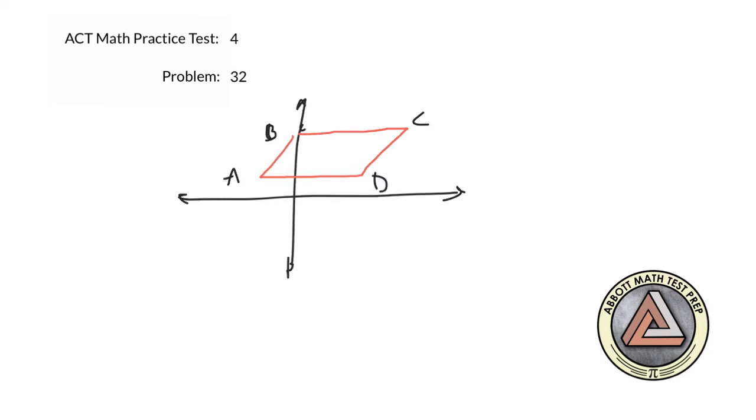Now, the problem asks: parallelogram ABCD will be reflected over the y-axis. What will be the coordinates of the image of A? Where it is now is called the pre-image. Where it ends up after the transformation is called the image.